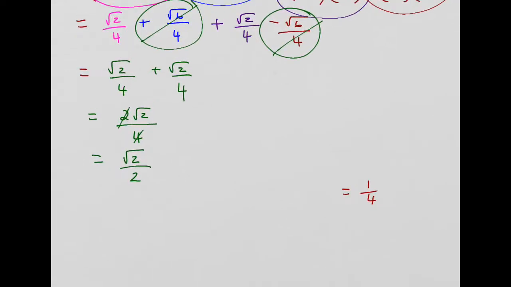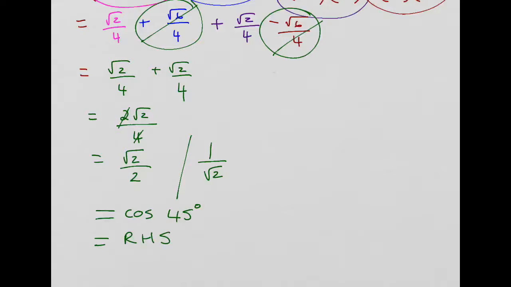Now, if you know your special angles, this can also be seen as 1 over root 2 for those who know a different method for finding your special angles. Both of these are equivalent to cos 45 degrees, which is your right-hand side.